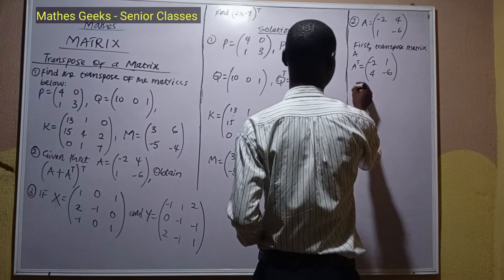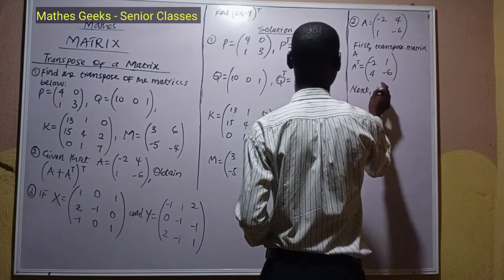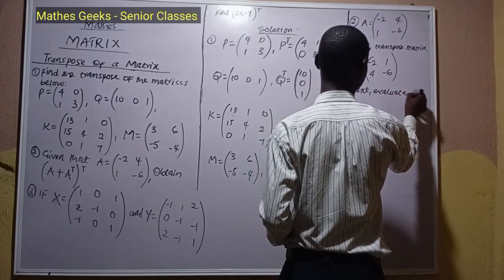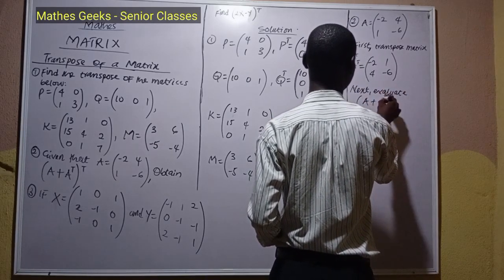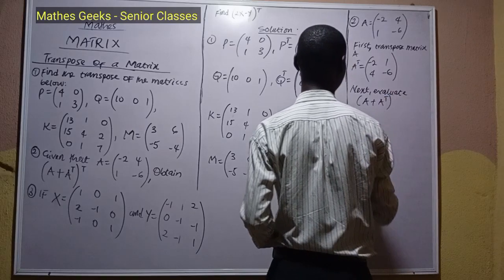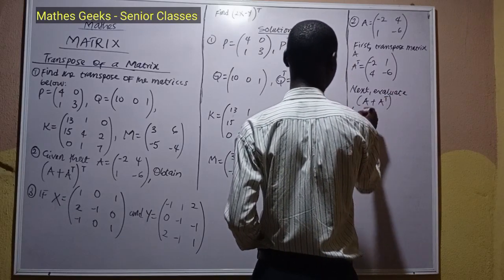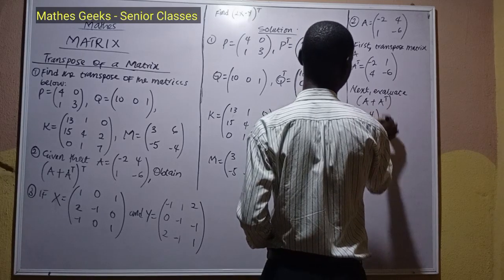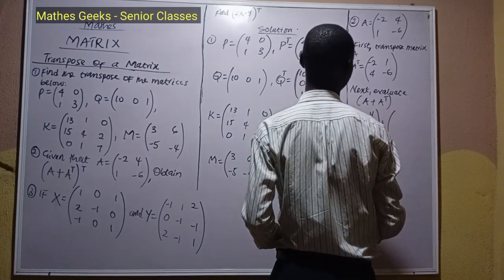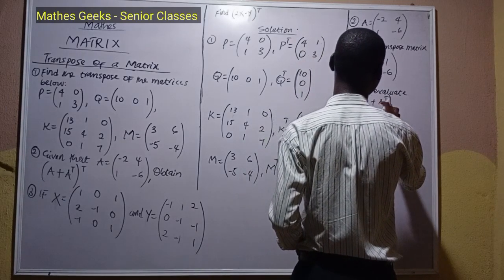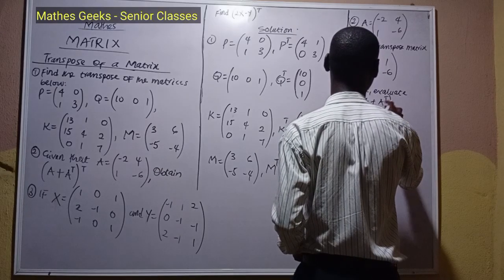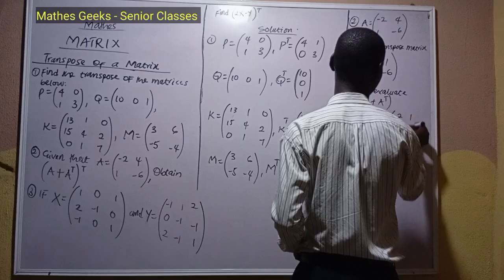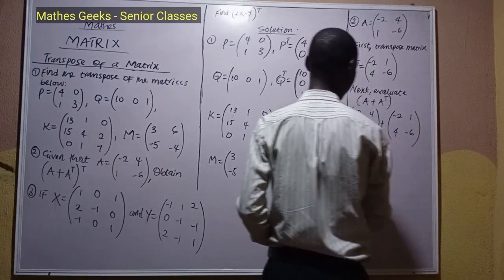The next thing is to add. Next, evaluate E plus E transpose. That is E, which is -2, 1, 4, -6, plus the transpose of E, which is -2, 4, 1, -6.